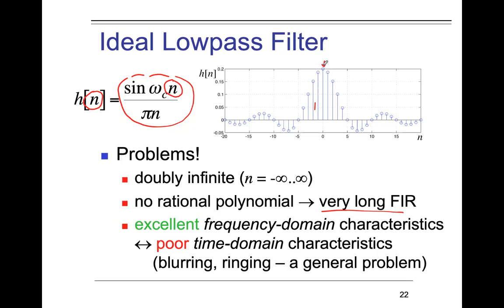If I want to write h of n of this, it is Dirac n times 0.2, you see 0.2 here, times let's say 0, plus 0.19 Dirac n minus 1, and so on, plus 0.19 Dirac n plus 1, and to the negative side, right?